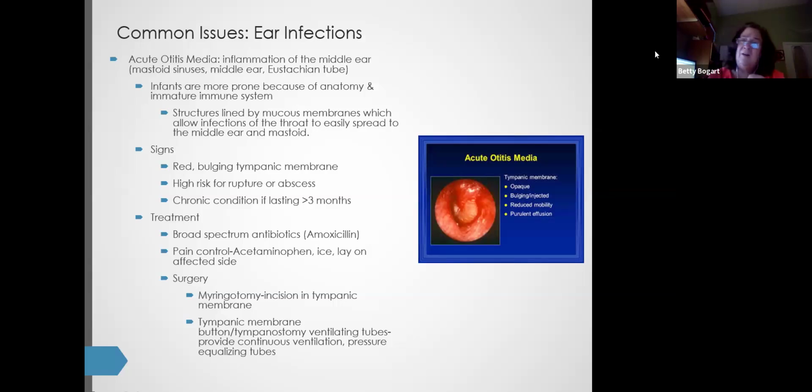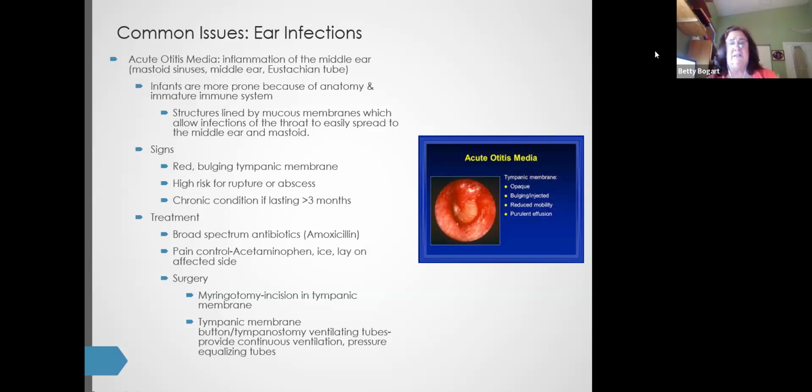Infants will be banging their head against the thing, or even their hand will be up there trying to touch it. If you looked inside, you would see red, bulgy tympanic membranes. And the problem with that is if it gets so swollen, it can burst, and you'll see pus and serous and sanguinous type of drainage dripping out of it. And it will smell because it is a staph that's there.